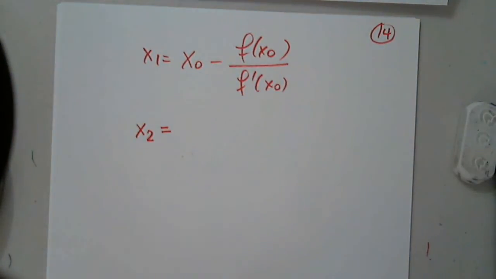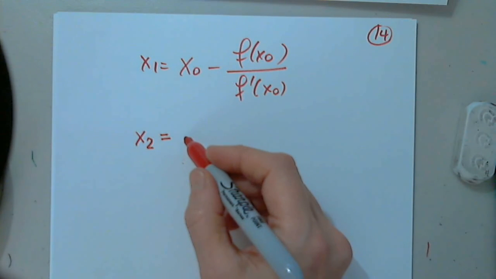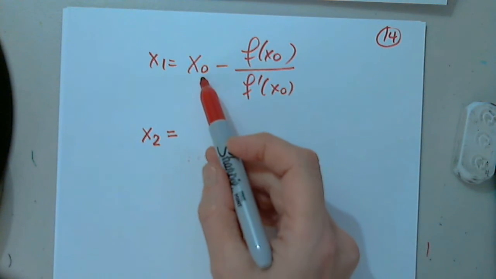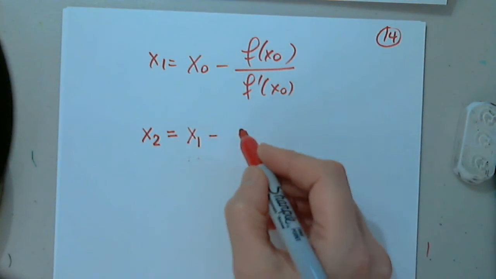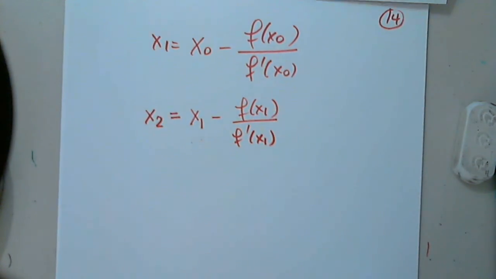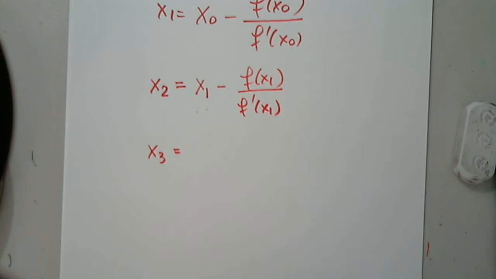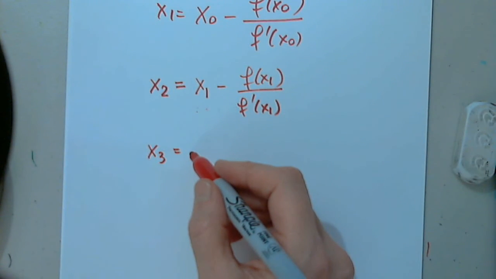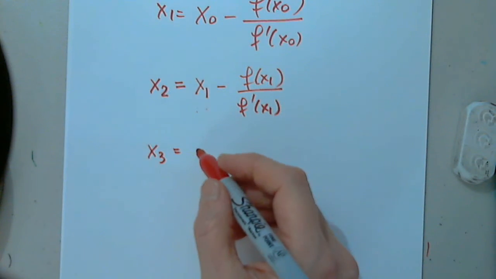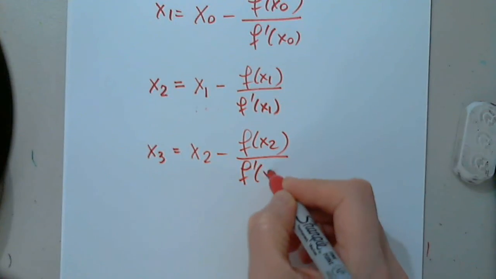So can anyone guess x2? x1 minus f of x1 over f prime of x1. Can anyone guess x3? x2, of course, minus f of x2 over f prime of x2. Good.